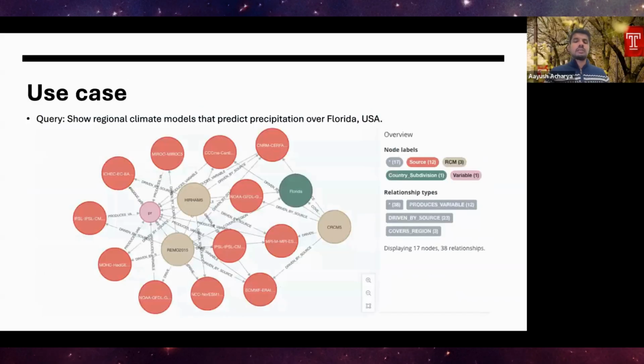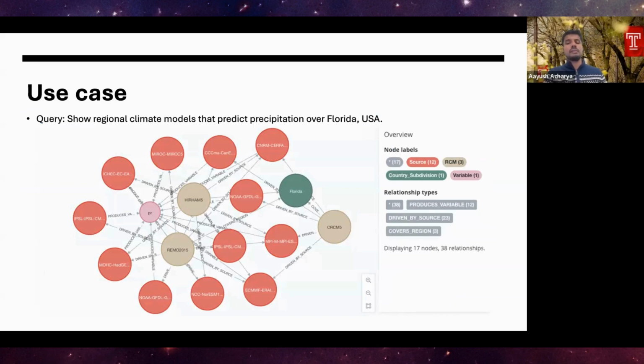So this is a snapshot of our knowledge graph for a particular query. The query is: show regional climate models that predict precipitation over Florida. The light brown nodes are the regional climate models. The global climate models which drive the regional climate models are in red.